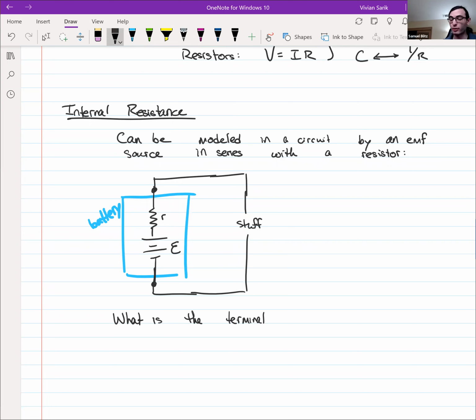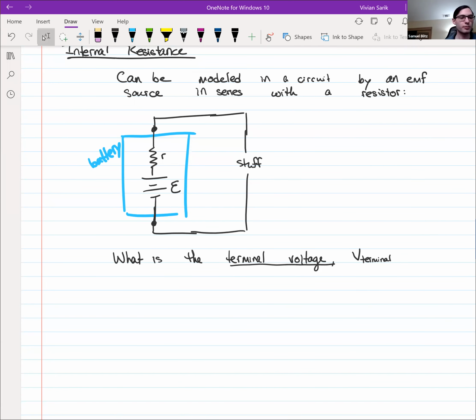This thing is called terminal voltage, by the way, for obvious reasons. And I might call it V subterminal. And that's different from the EMF value. So if we wanted to figure out the terminal voltage, there's going to be some voltage drop across this resistor so long as there's current flowing through it.